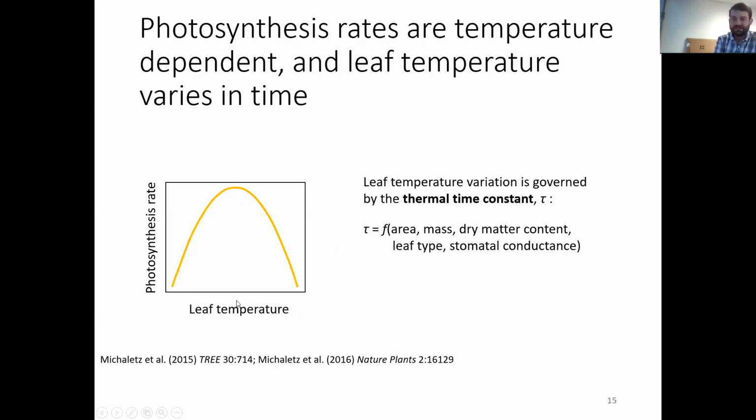The variation in temperature is then governed by a leaf functional trait called the thermal time constant. This is actually a composite trait which combines several other key functional traits, things like area, mass, and leaf dry matter content. It combines these into a single trait that governs rates of temperature change.